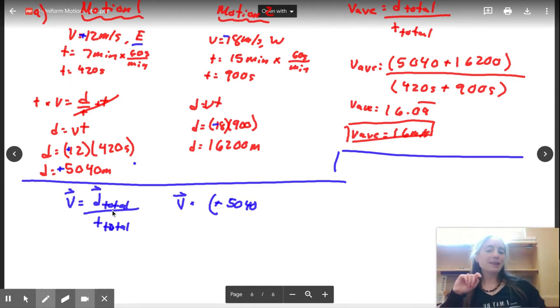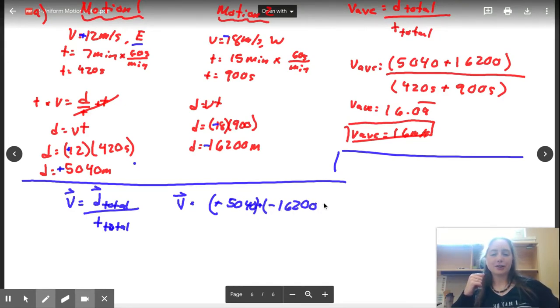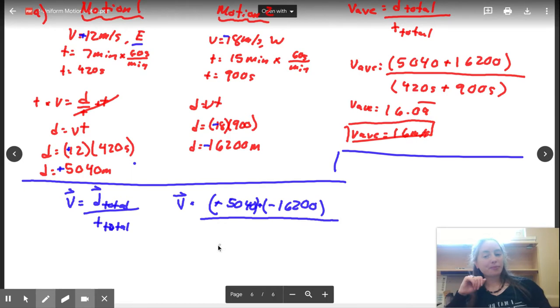So that means it's going to be negative 18, which is going to give us this number to be negative. So plus your negative 16200. Okay? So that is going to be very different now. All right? So you're going to have to add those two values together, keeping that one negative. However, time is going to be the same. We are not time travelers here.